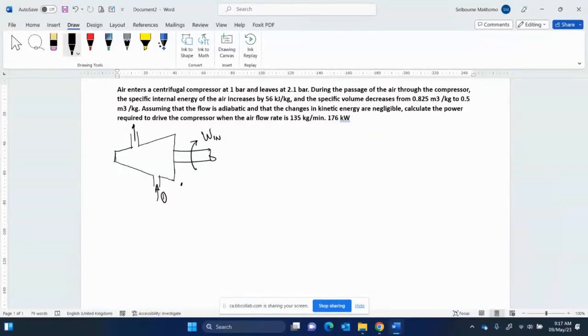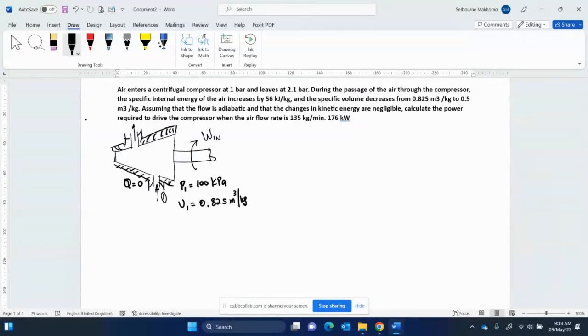P1 is 100, and the specific volume at 1 is 0.825 cubic meters per kilogram. Q is equal to 0 because it's adiabatic. If it's adiabatic, it means that it is thermally insulated, so there's no heat exchange between the compressor and the environment.